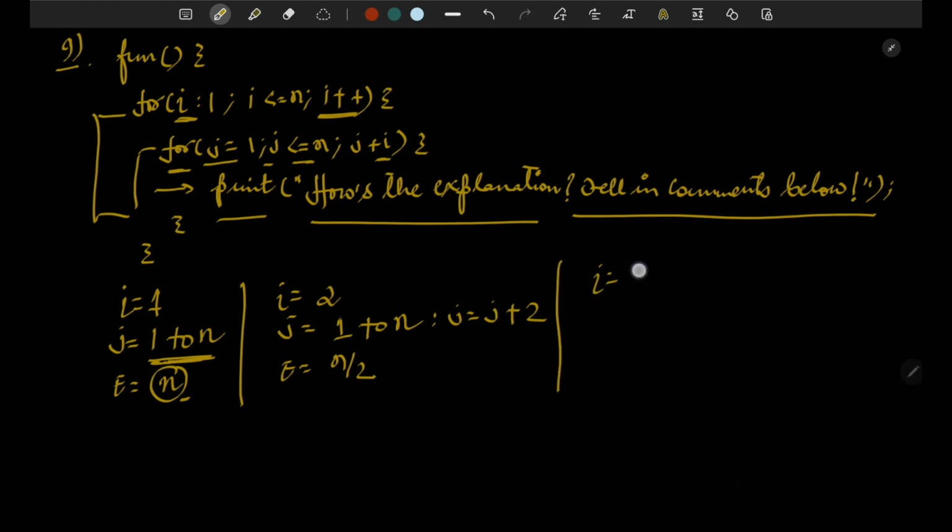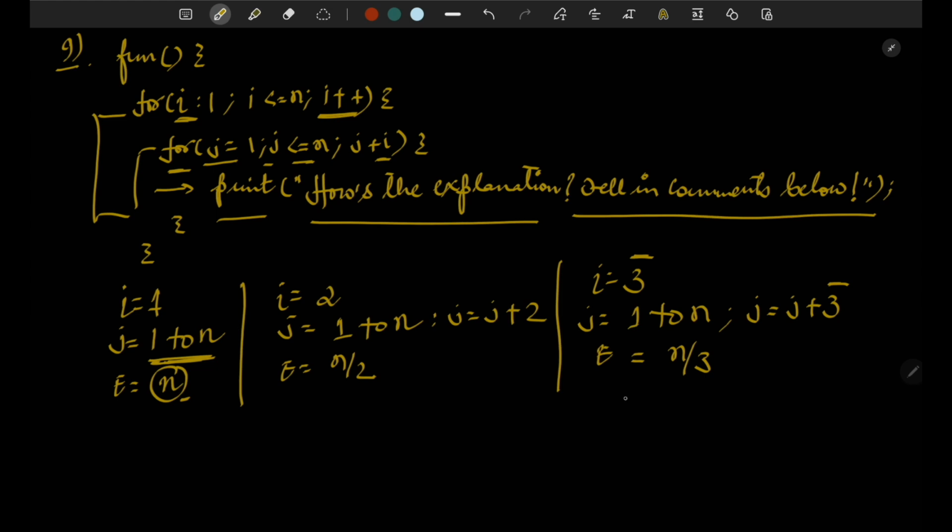Likewise, we have i as 3. j is again going to be there for 1 to n, but j is going to be incremented by the value 3, by the value i, right? So again the execution is going to be 3 times faster, and what it means is it will be executed only n by 3 times.